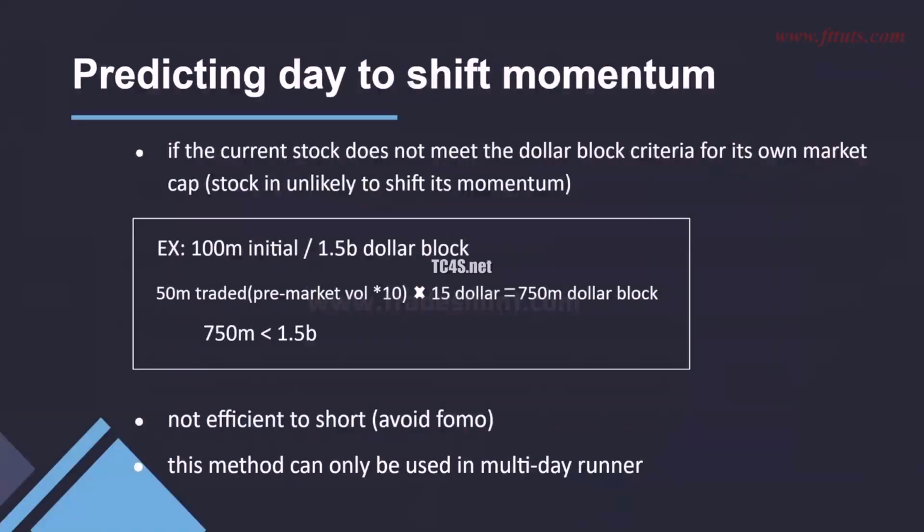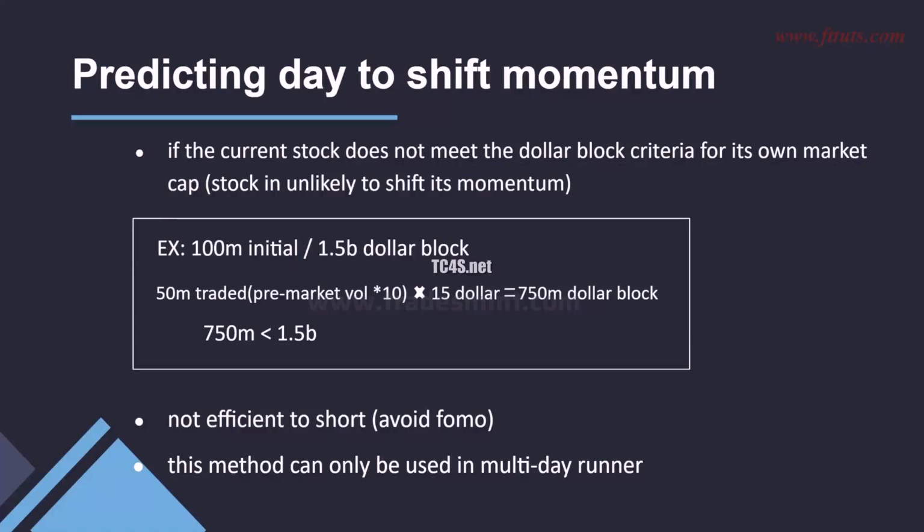All right, so let's go into part 2, predicting the momentum shift. As I said, if the current stock does not meet the dollar block criteria for its own market cap, that means the stock is unlikely to shift its momentum. As I explained, let's assume the pre-market volume times 10 equals 15 million. So 15 million times 15, that's a $750 million block.